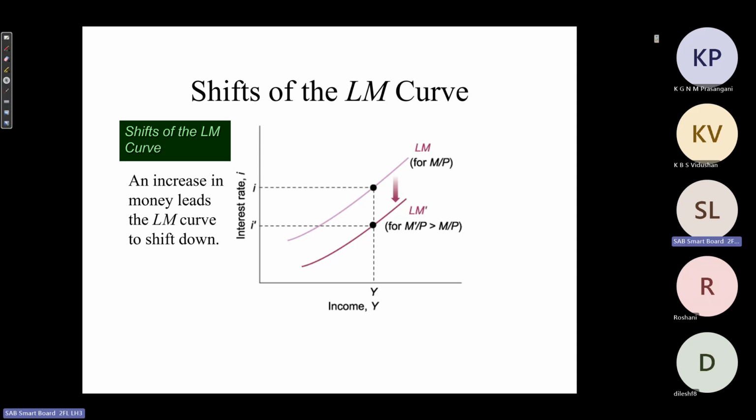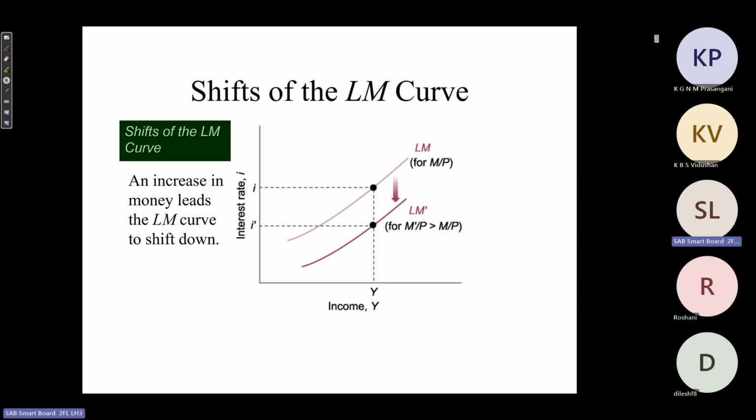So if the money supply increases, the LM curve also shifts to the right. This is the earlier real money balance. Now, with expansionary monetary policy, the money stock increases from M0 to M1.